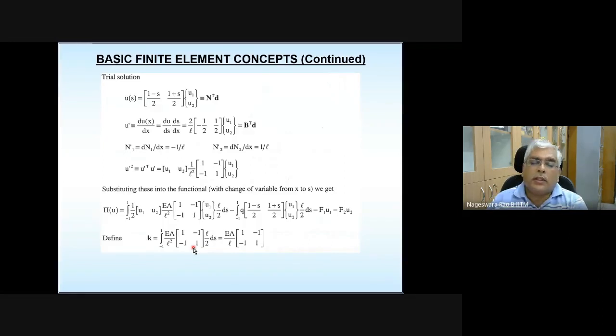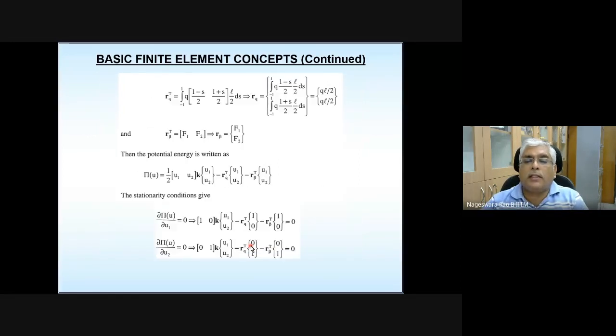So whatever equation you are seeing, this k equal to this quantity, is a special case where E and A are constant. Keep that in mind. And also here, Q is constant. Assuming Q is constant, this integral simplifies to this one. If Q is not constant, you need to do that integration.